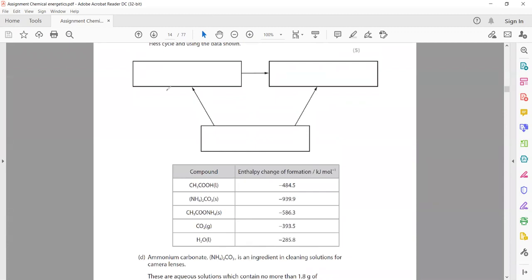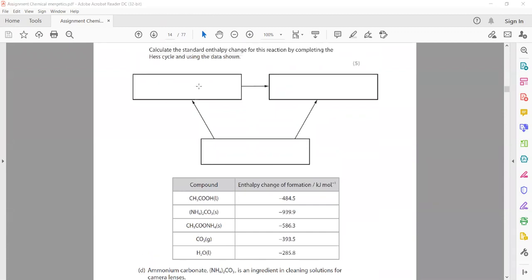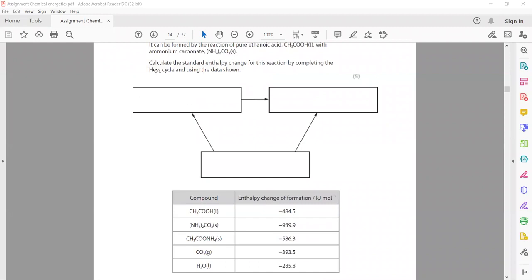So if I write, ethanoic acid, that is CH3COOH, reacting with ammonium carbonate, (NH4)2CO3, gives ammonium ethanoate, the salt, plus water plus carbon dioxide.